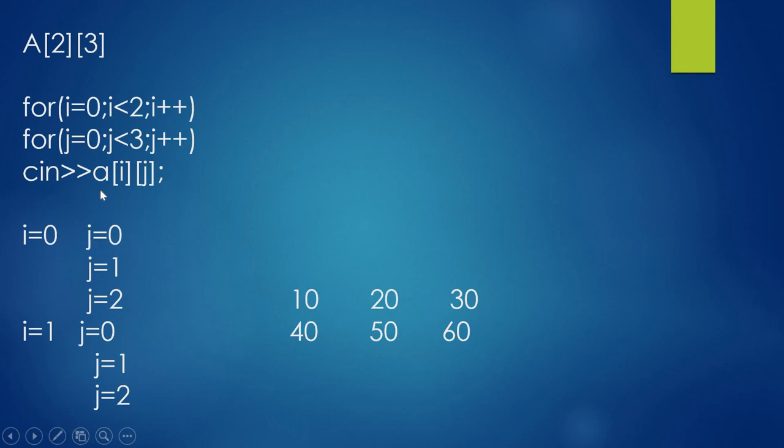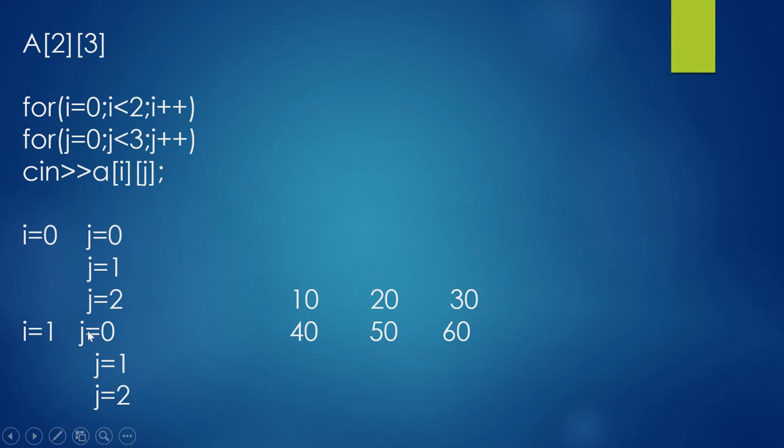So cin of A[i][j] means A00, A01, A02. That is the first row. Next, the value of I is incremented and becomes 1.